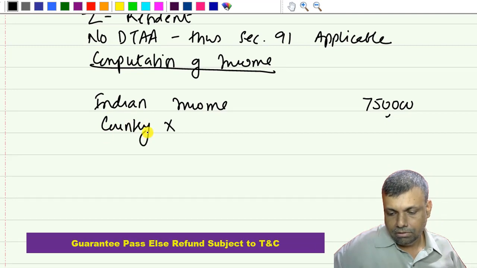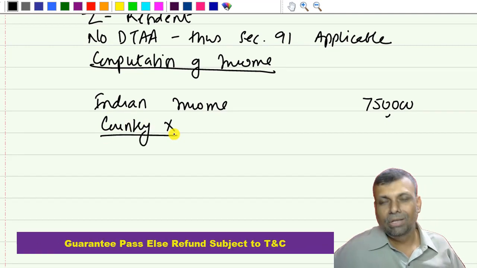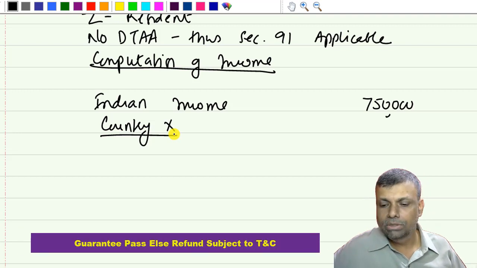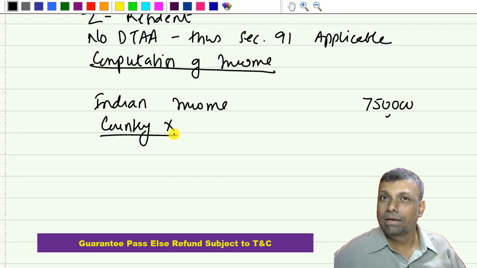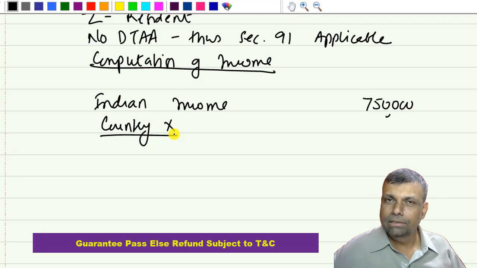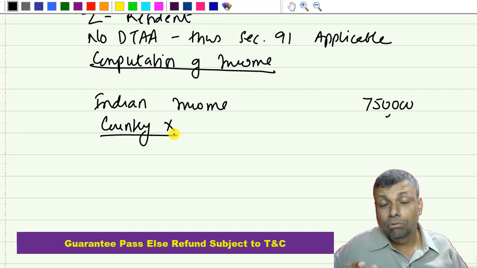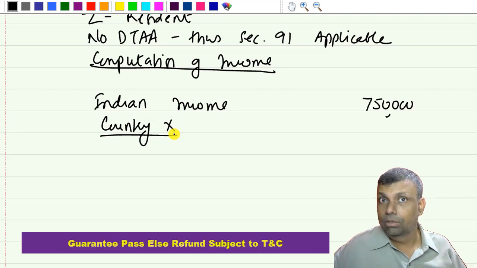Country X. Actually, friends, this particular computation we should always do headwise. But whenever there is a DTAA question, we actually do it country wise for better understanding, and it hardly matters in this particular situation. But if you ask me exactly what you should do, you should do the computation headwise only.